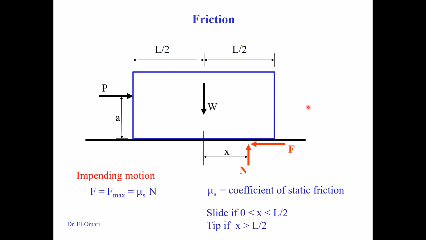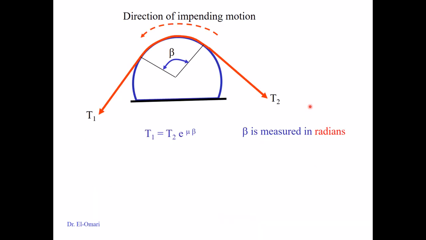Another situation of friction is that which occurs between the surfaces of a belt and a drum, or anything that rotates to transfer rotation from one object to another.